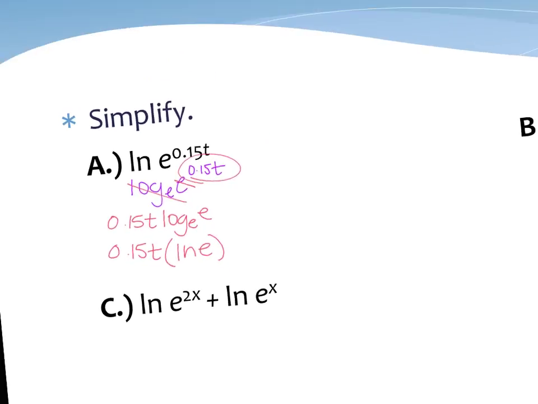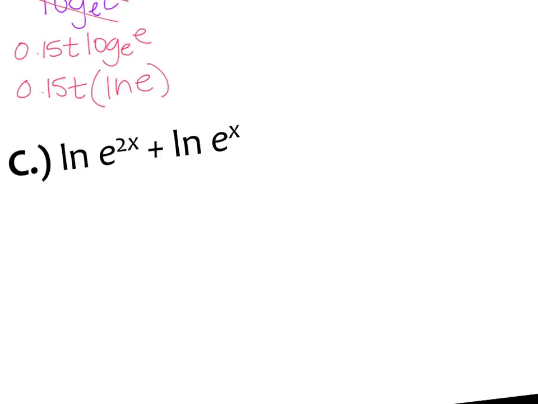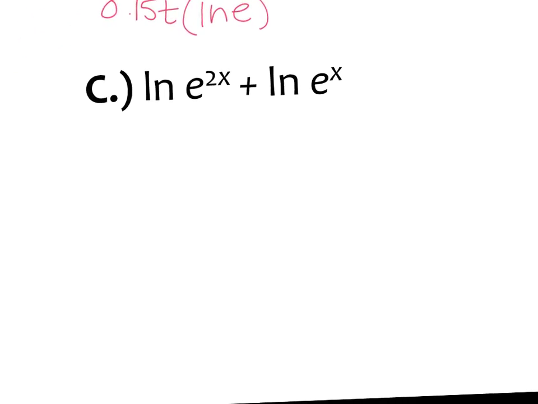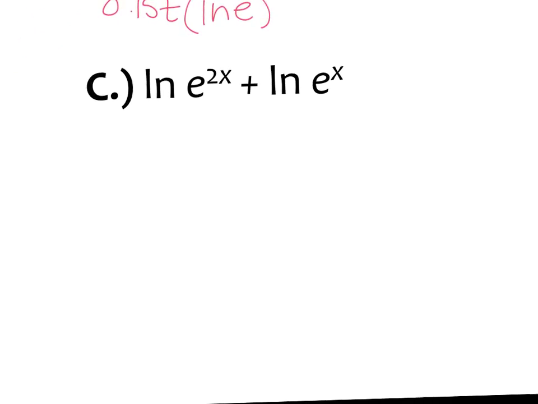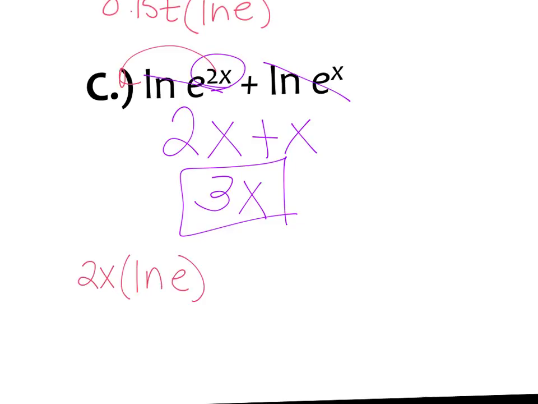So hopefully this helps a little bit with mental math. Let me go here first and then I'll go back up there. If I look at c, every time I see ln of e, I can cancel through it and keep the exponent. So this would be 2x plus this cancels x, which is 3x. Long way around, bring the 2x to the front: 2x ln of e plus x times ln of e.